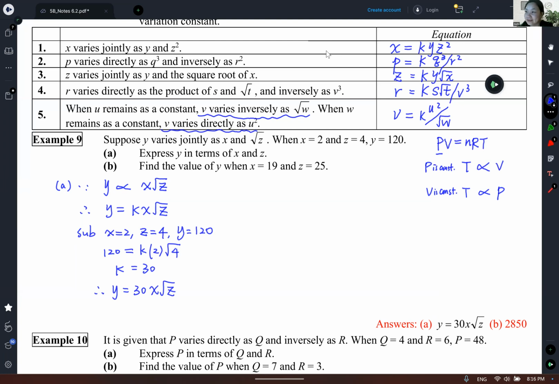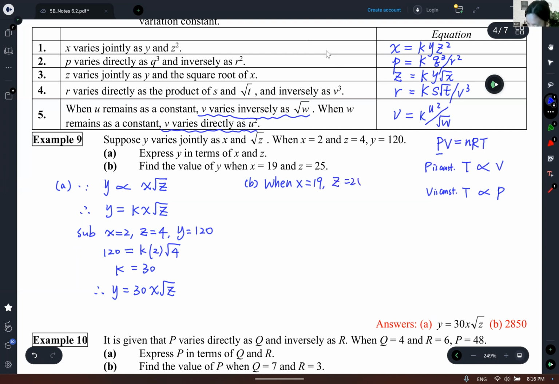Very straightforward. And then part B, when x equal 19 and z equal 25, it's easy to find y.